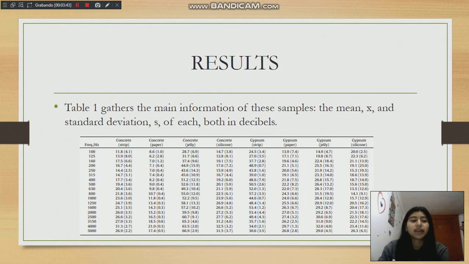Results. Table 1 gathers the main information of the samples, the mean and standard deviation of each, both in decibels.